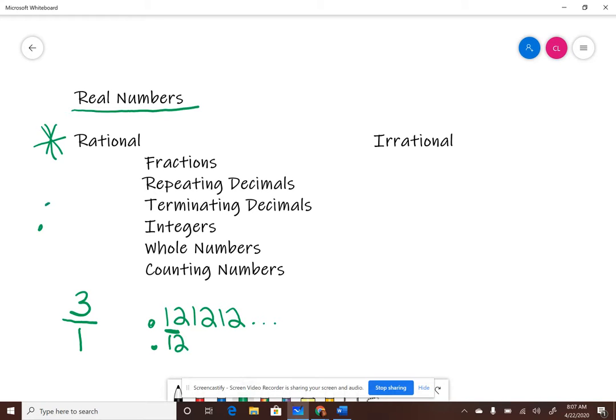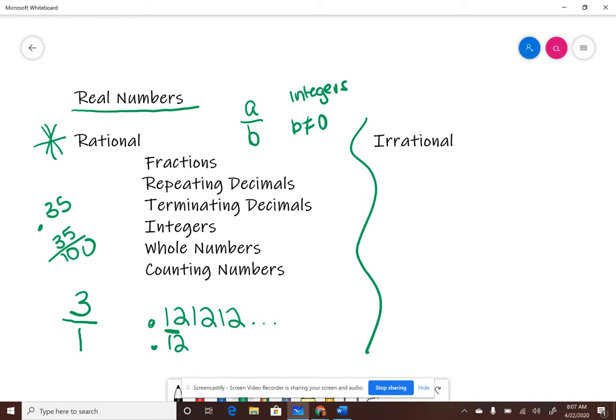Say I had 0.35, because that's the same as 35 over 100, which makes it a fraction. And fractions are always rational when they have integers in the numerator and the denominator. So we say a over b as long as a and b are integers, but b does not equal 0.